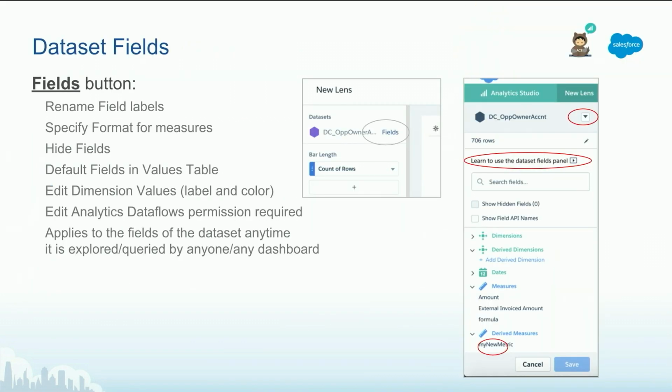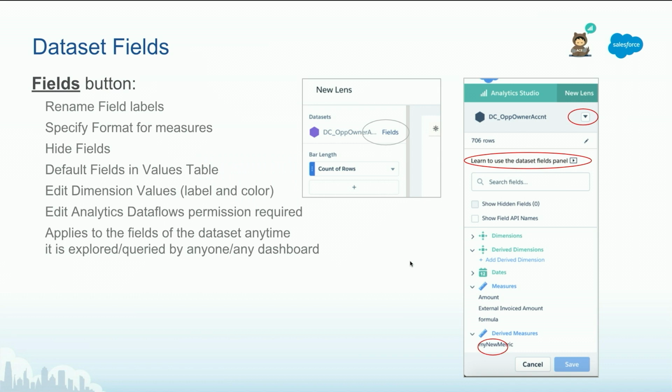Now, lenses are important because they have this feature called fields. And we use fields to modify the metadata of the dataset. I know metadata might be a heavy word at this chapter, but it's pretty much the data describing the data. For example, I have AccountId.Name. Maybe I want to change the label to say account name.